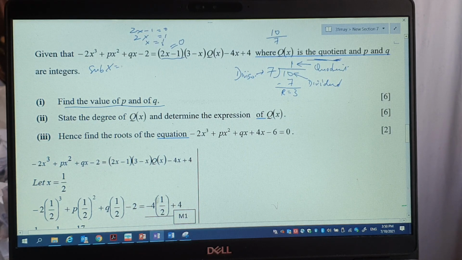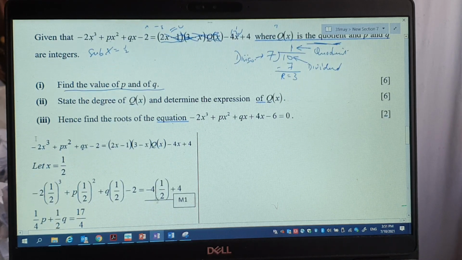So when you sub x equals to half inside here, don't you agree this whole thing will be 0? Because half times 2 minus 1 is 0, then 0 times anything is 0. Then you can sub the half here, here, here, and here. You will get one equation like so.